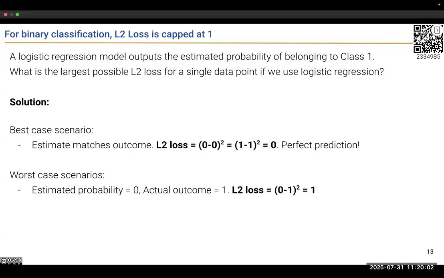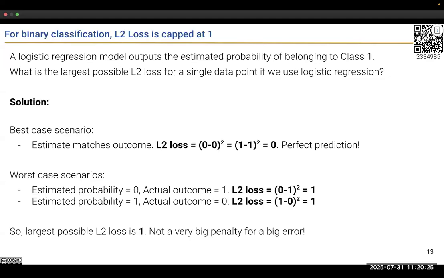Then in this case, your L2 loss is 1. On the other hand, if your actual response is 0 and your estimated probability is 1, your L2 loss is also 1. Every other estimate would have an L2 loss that falls between 0 and 1.